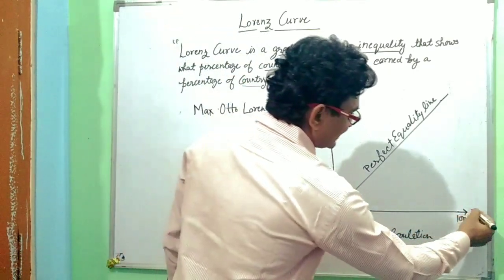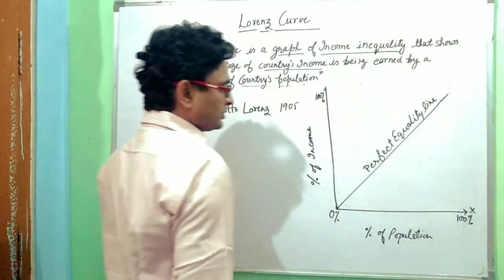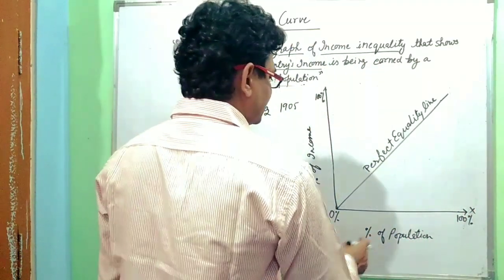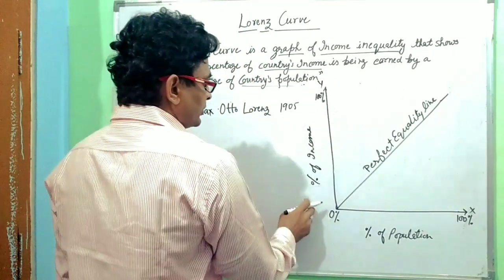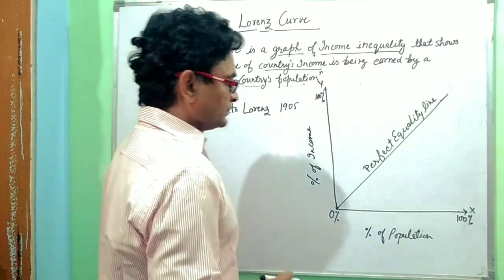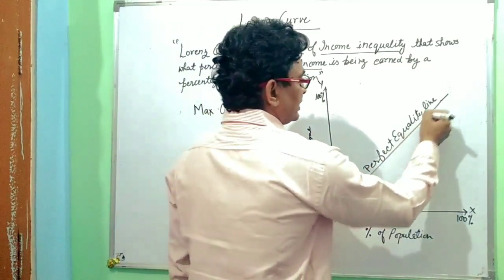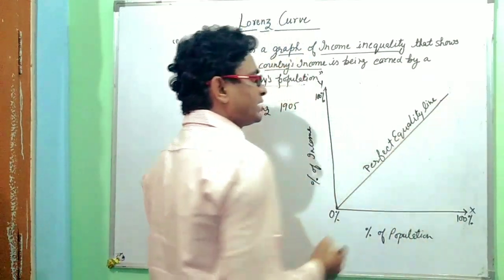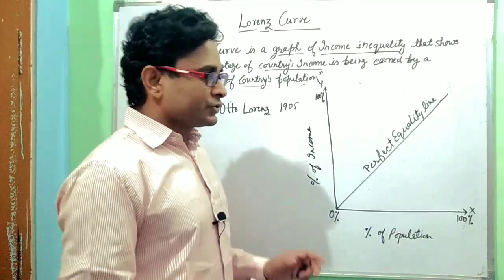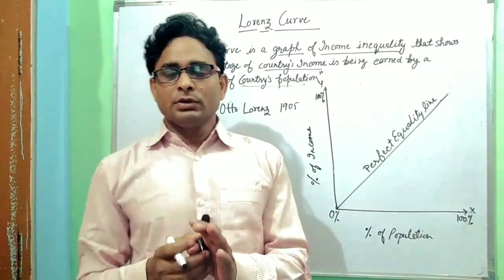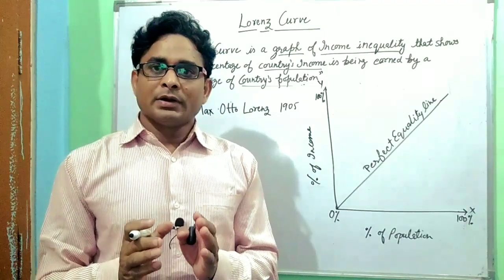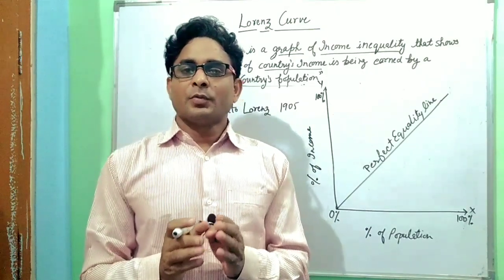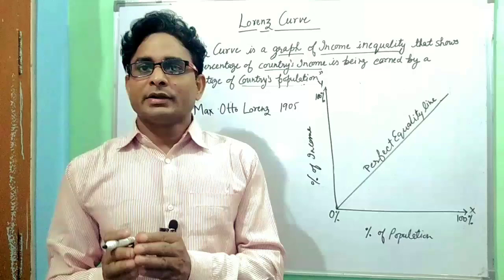Here on the x-axis, cumulative percentage of the population has been shown, and on the y-axis cumulative percentage of income has been shown. This is the perfect equality line, which shows that there is no inequality in the society. The x% of the country's population has x% share in the country's income.